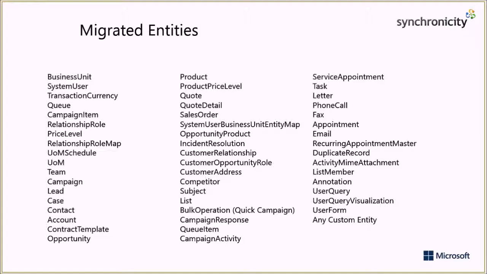You know, there's a whole set of things which cause problems when you're doing a generic migration. And importantly, any custom entity is also migrated. So there's no problems if you've extended your on-premise CRM. There's no issues with taking that schema and migrating it into the destination as well.